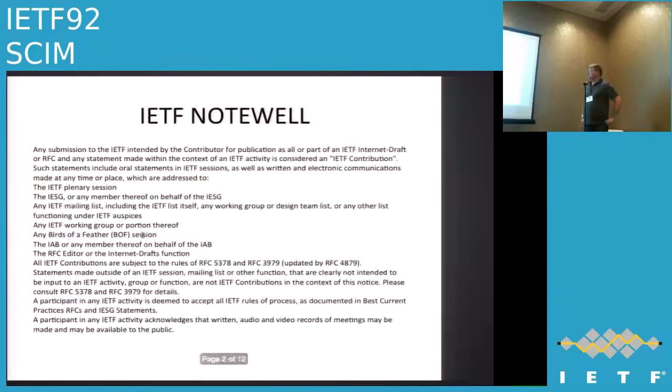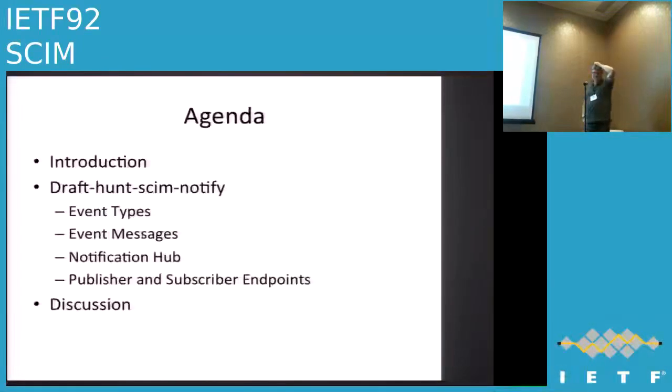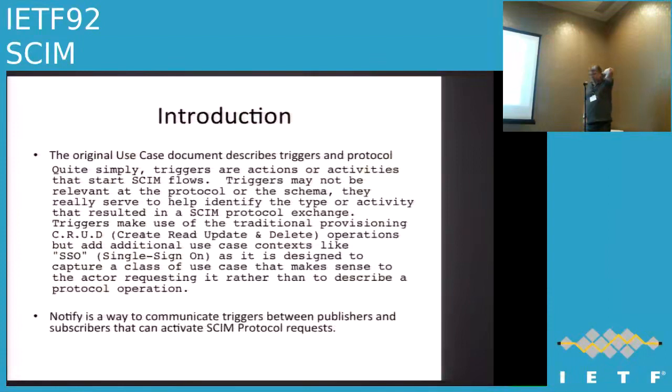So yeah, we've been talking about something like this for a while. Almost since we started with Scim. Let's go to the introduction. I was actually rereading the use case document, and right there in the use case document is this concept called triggers. Because we've been talking about spontaneous state changes and wanting to know about the state changes before deciding what to do.